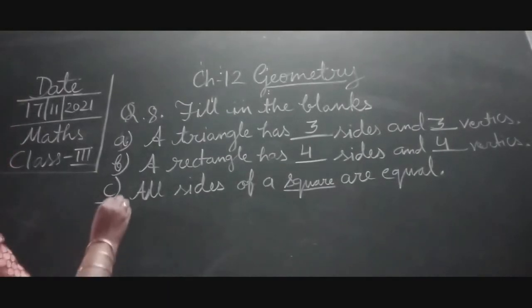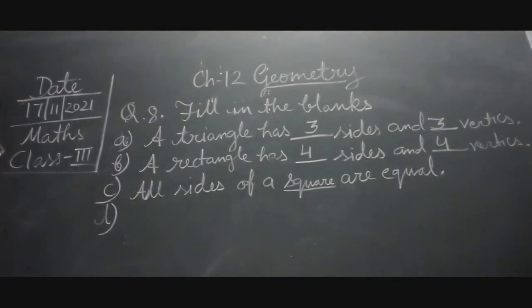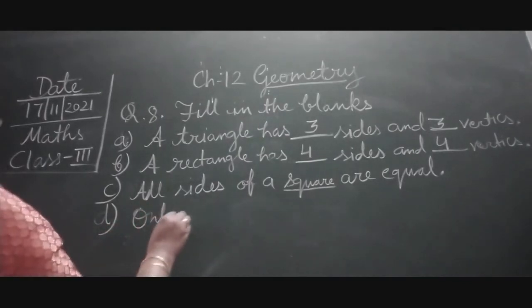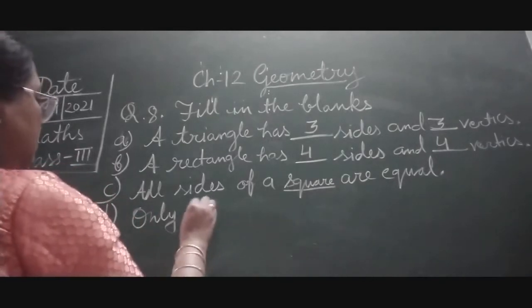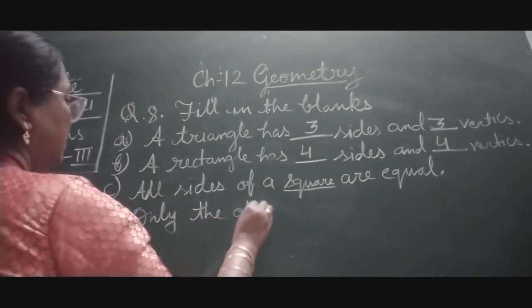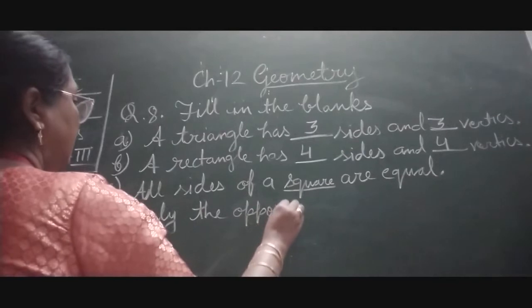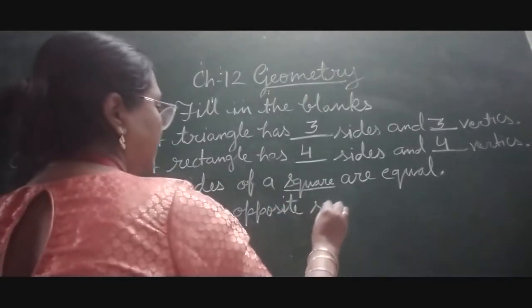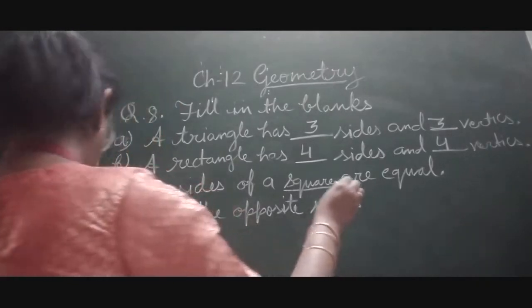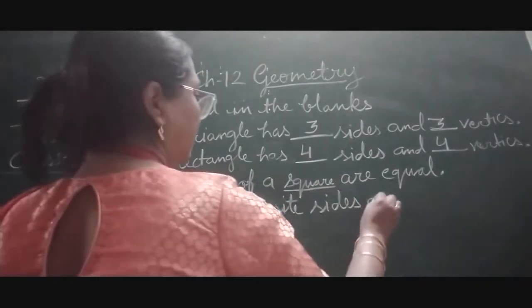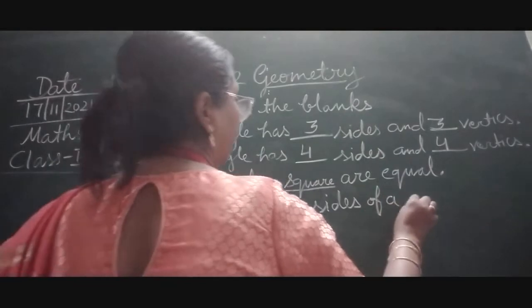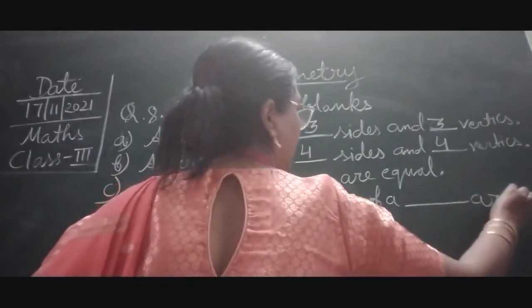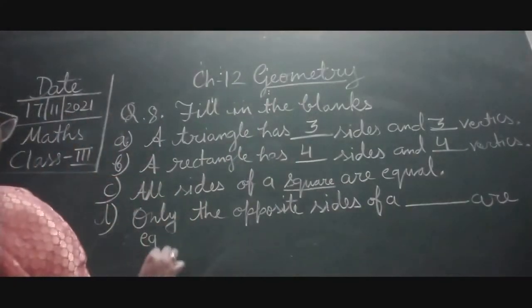Okay. Now children, we are going to do D number. Only the opposite sides of a dash are equal.